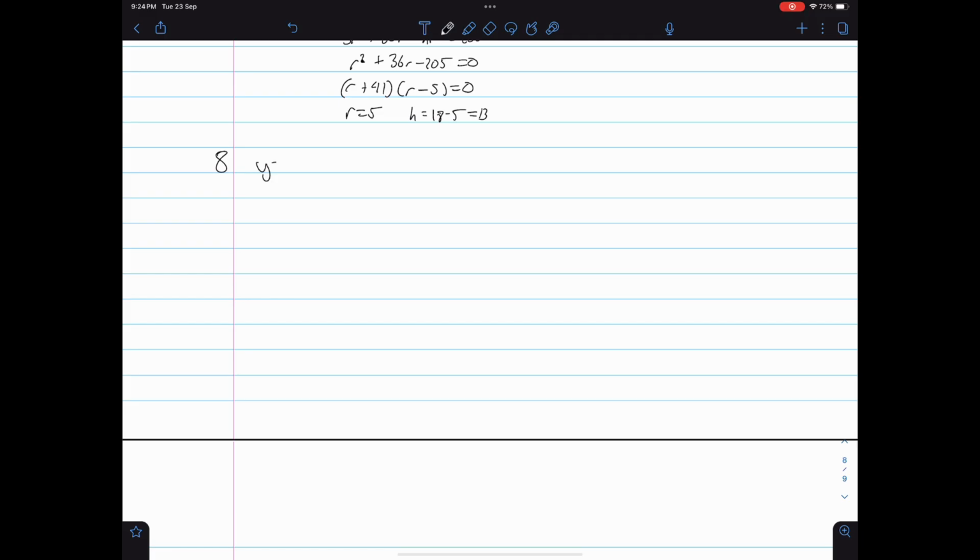So the question says that the line y equals 2 minus x intersects 5x squared minus y squared equals 20 at A and B. So when we want to find intersections, we just do simultaneous equations. So we can substitute in that y.